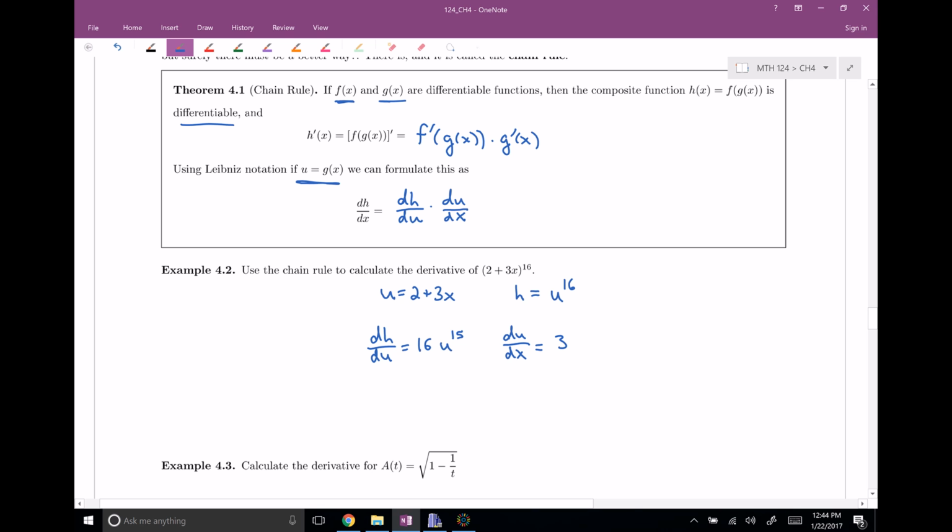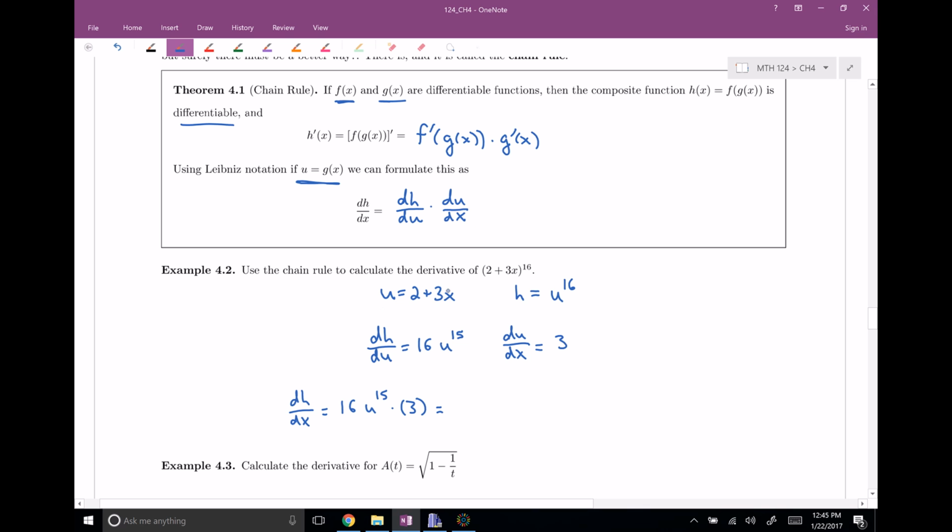Okay, so according to this, if I want dh dx, or h prime of x, this is going to be equal to these things multiplied together. So 16 u to the 15th times 3. And now since u was something that I constructed, we should trade back in.